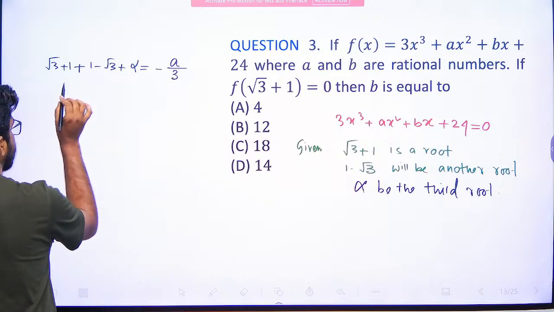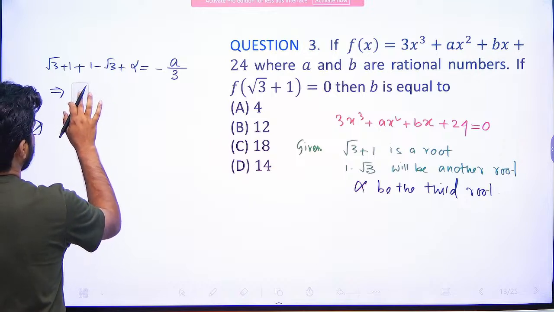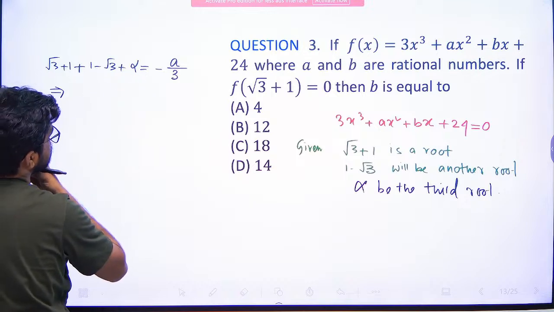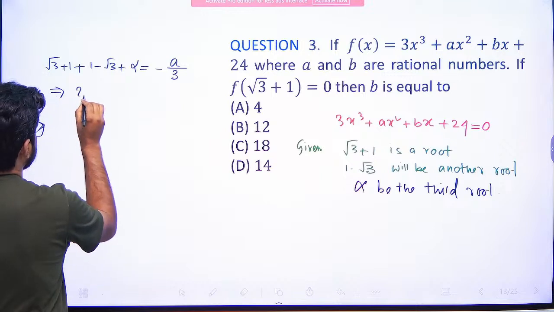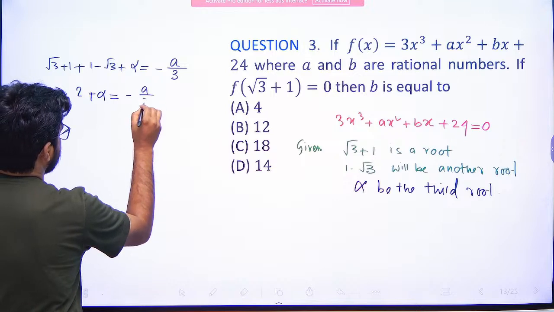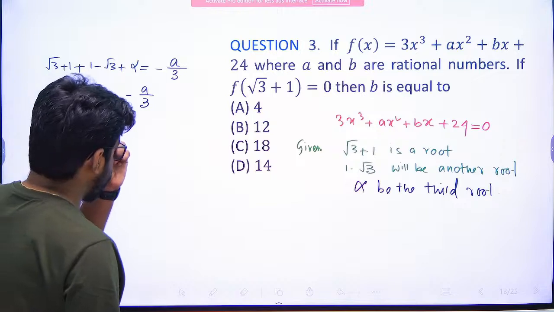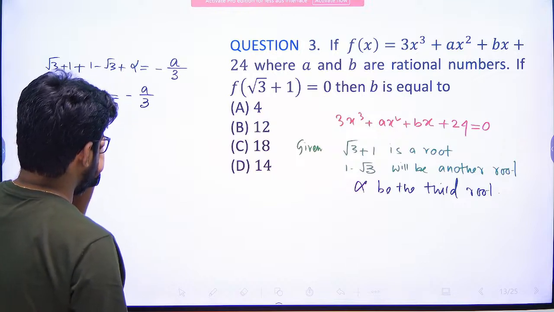So plus root 3 minus root 3 cancel, that is 2 plus alpha is minus a by 3. We have to find the value of b.